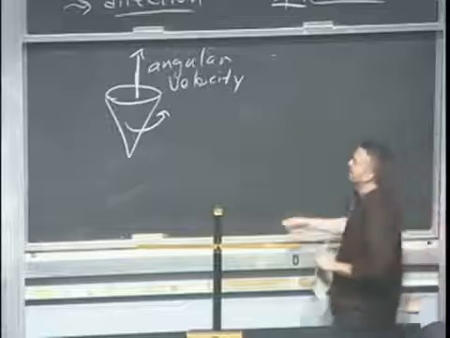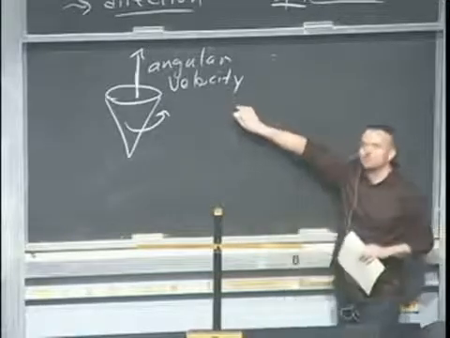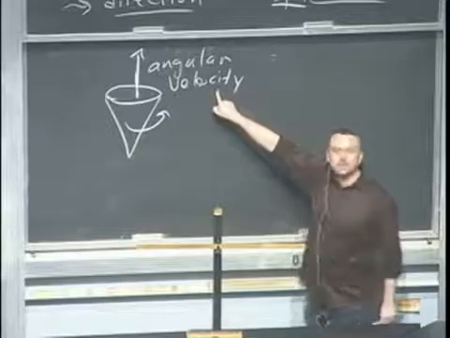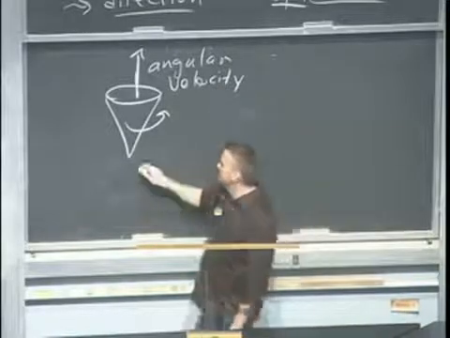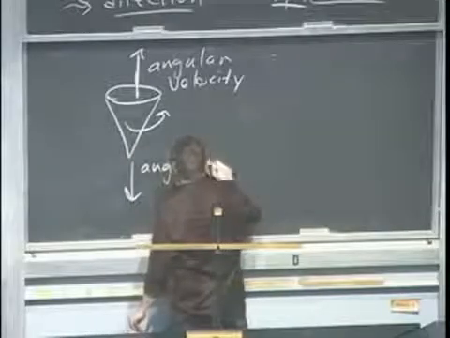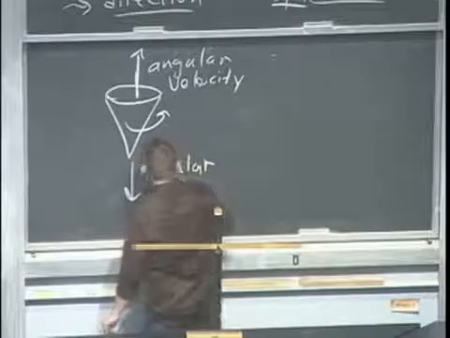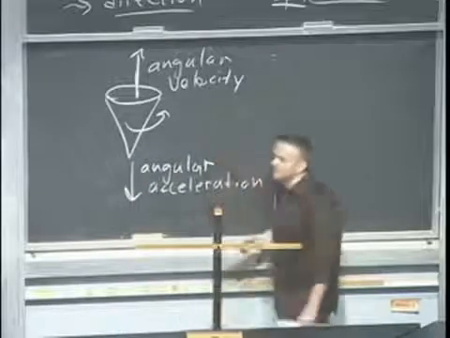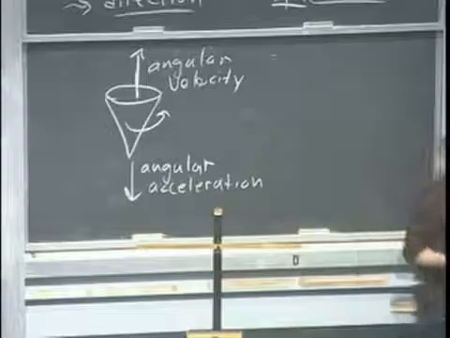From our analogy with translational motion, we know that if it's slowing down, the angular acceleration is decreasing the angular velocity, which means, in that case, our angular acceleration was directed opposite the direction of the angular velocity.